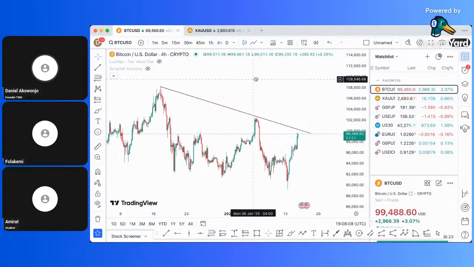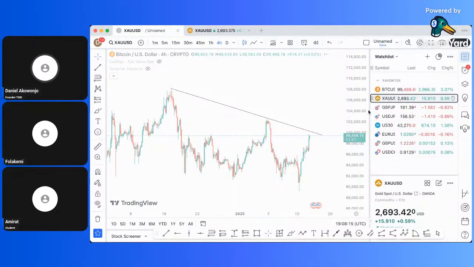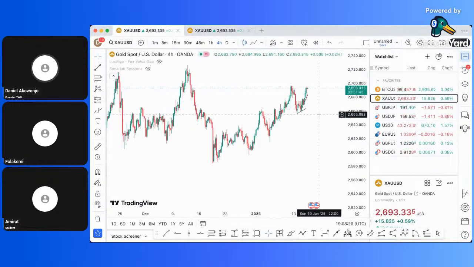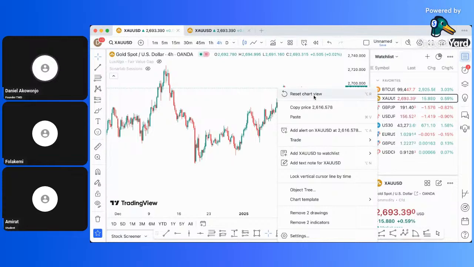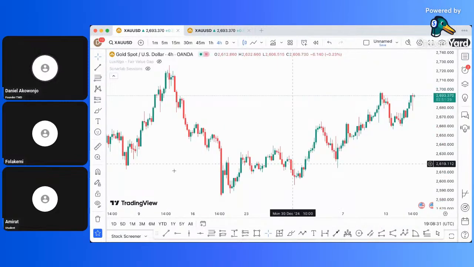Now, for the fact that I do that, I understand that there are certain things I look out for when I come to gold, and there are certain things I look out for when I come to BTC USD. First thing first, whenever you come to the chart, for you to be able to analyze this chart properly and make decisions from it, you need to understand that there are different time frames.